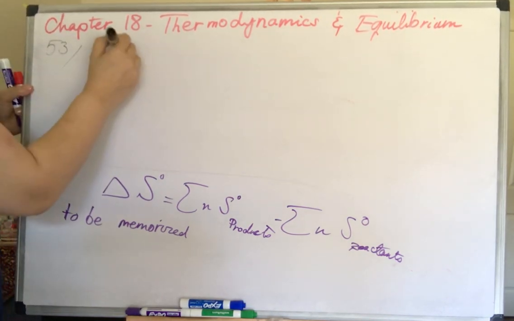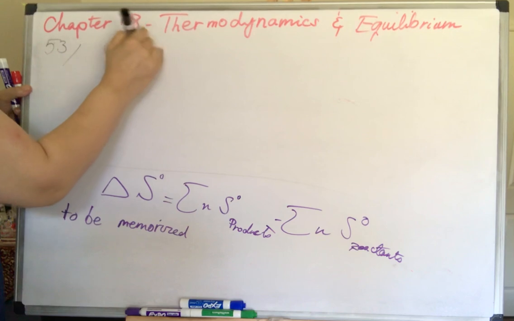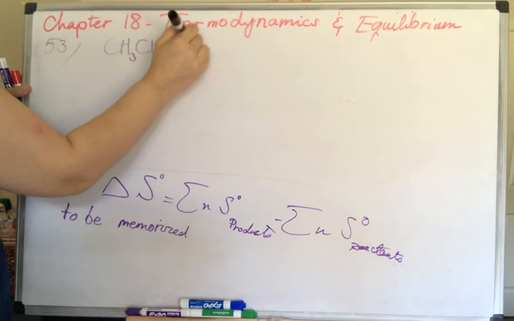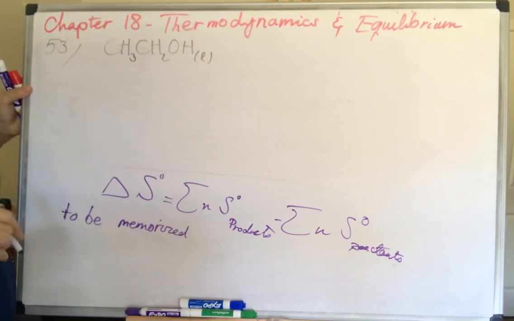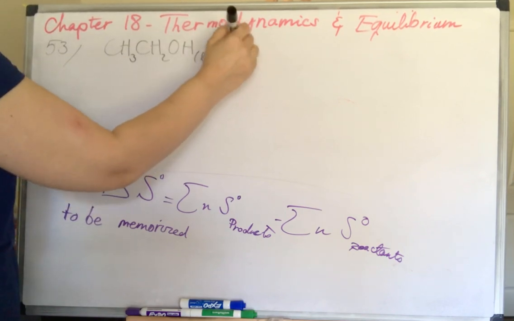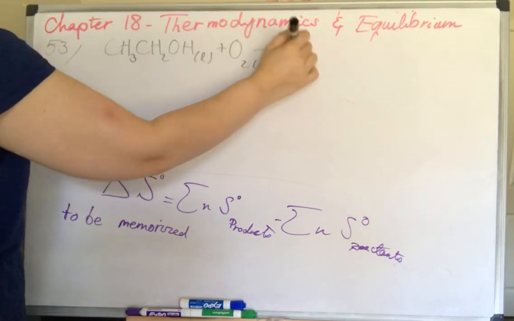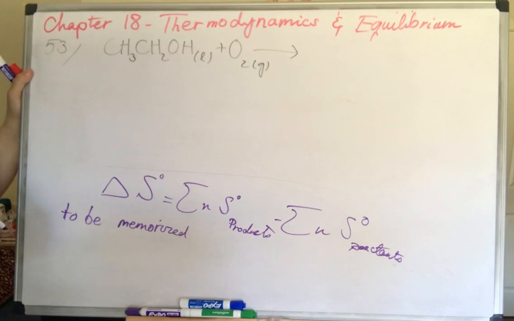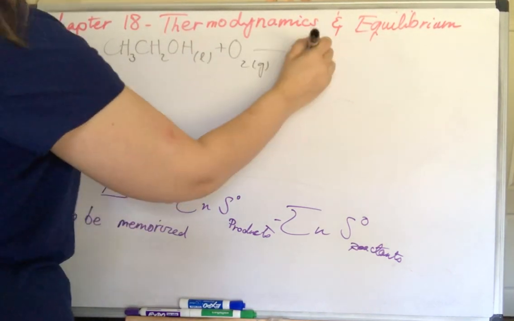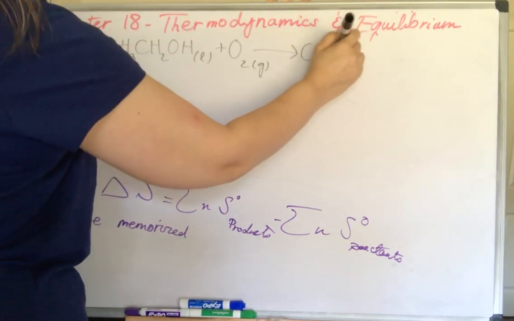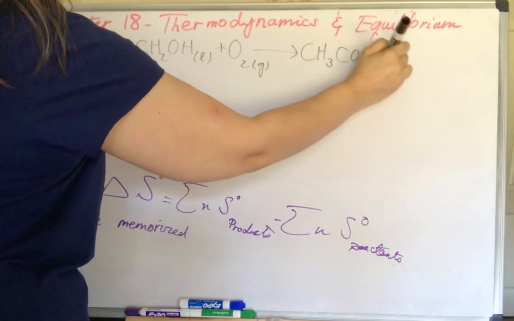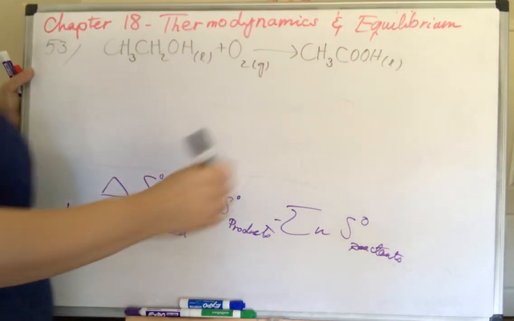An equation of ethanol, CH3CH2OH liquid, it's oxidized by oxygen to acetic acid and water.